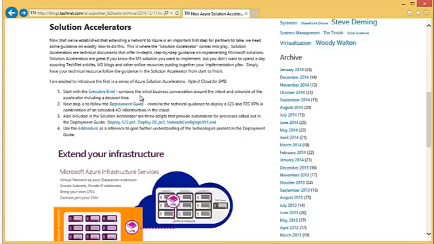The major components of the solution accelerator are basically, like I mentioned, you're setting up the virtual network. There's some great guidance there. There's some great guidance on the site-to-site VPN, and then spinning up an Active Directory site. But the second half of the Solution Accelerator is interesting because we are leveraging Azure automation.